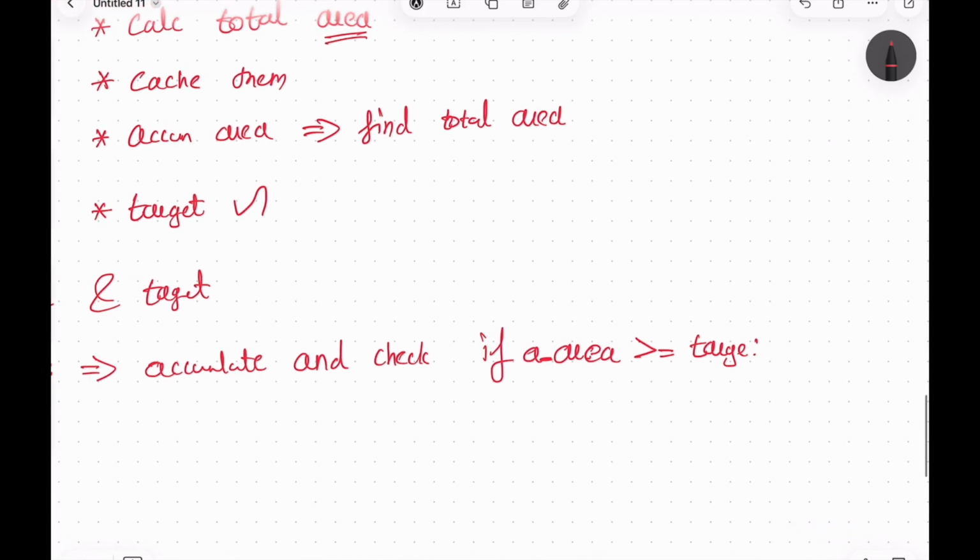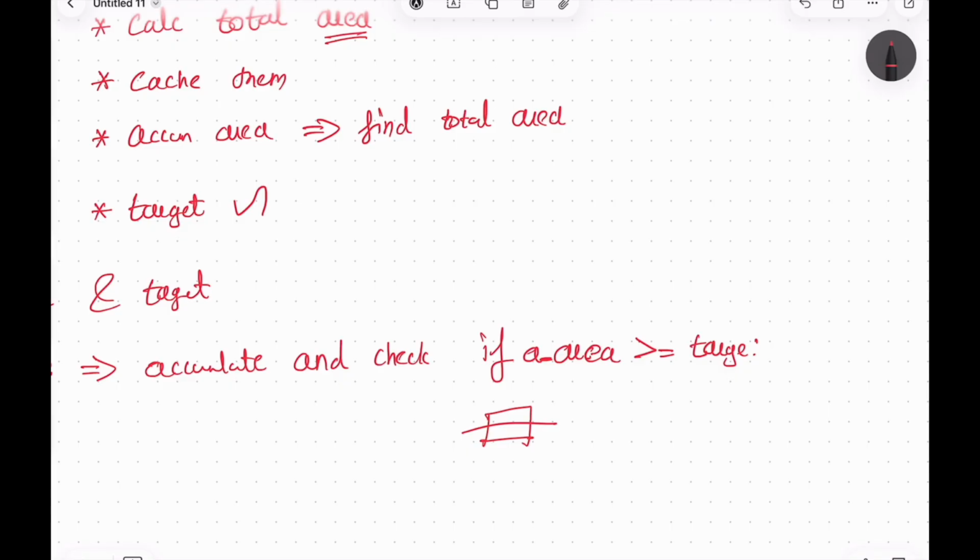Then there you go, you got the point where you can find the y value, because this is the place where the accumulated area is greater than or equal to the target area. You will be getting the point where the cut point lies, right?